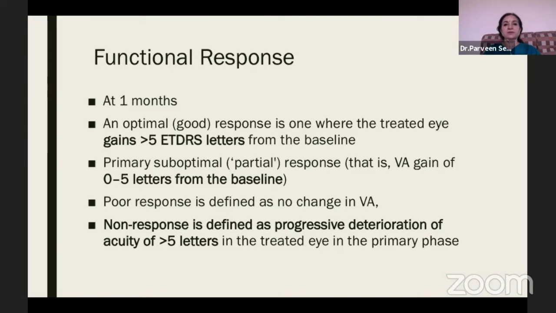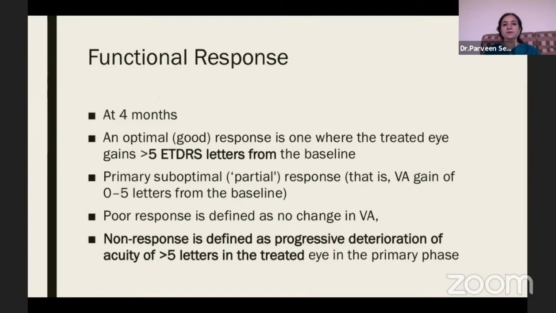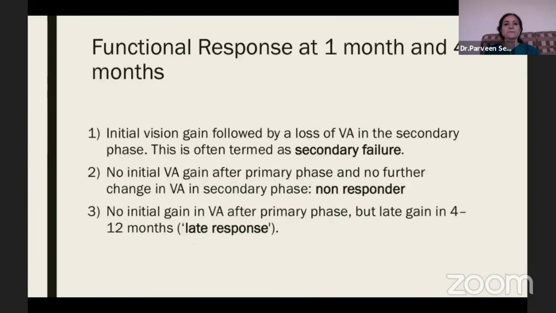So usually, though this can give you some idea at 1 month, that does not mean that you should stop the treatment if it is not responding. 3 loading injections are generally advised. And then you look again at the functional response at 4 months with similar criteria.